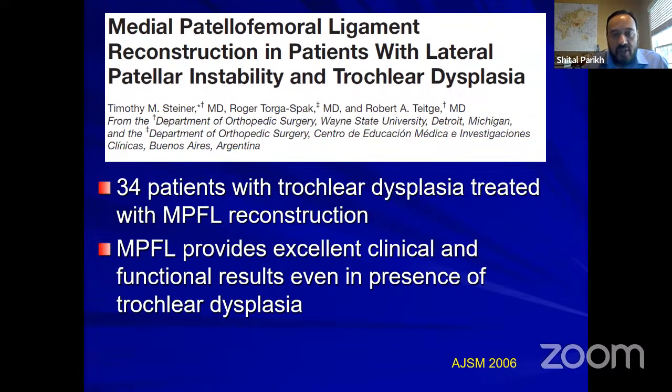Just having trochlear dysplasia is not an indication for doing trochleoplasty, as seen in this study by Taiji. 34 patients were treated with MPFL reconstruction with varying degrees of trochlear dysplasia, and the MPFL reconstruction provided excellent results in spite of having trochlear dysplasia.